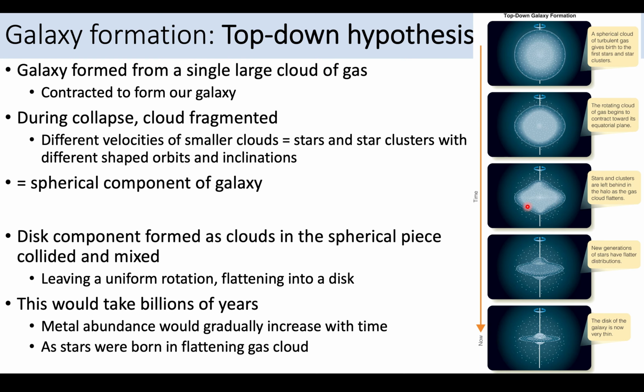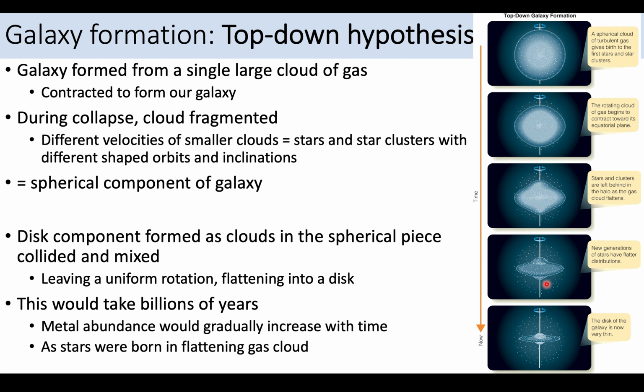The disk portion, however, formed as the clouds in this spherical piece continued colliding and mixing. So it continued colliding as it's spinning. It ended up flattening out, sort of like pizza dough. So if you had a ball of pizza dough and you spun it around on your finger, it would flatten out into a disc, into the shape of a pizza.